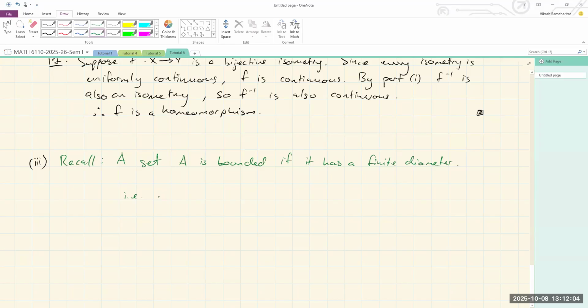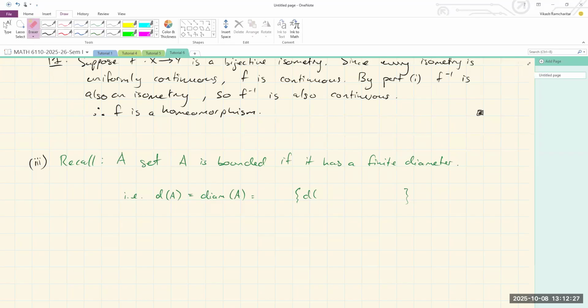Sometimes we put d of A, or sometimes it's written as diam of A, however you want to write it. The diameter of a set: we look at the set of all possible distances between points in that set.